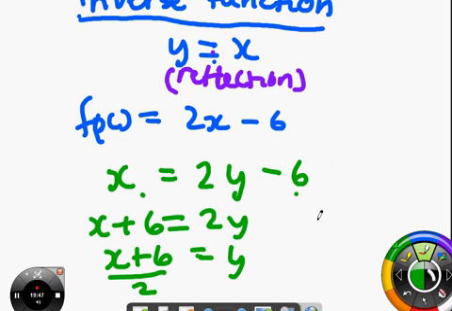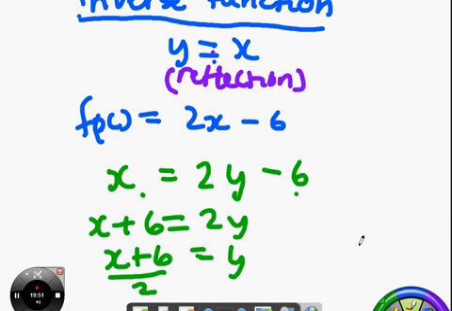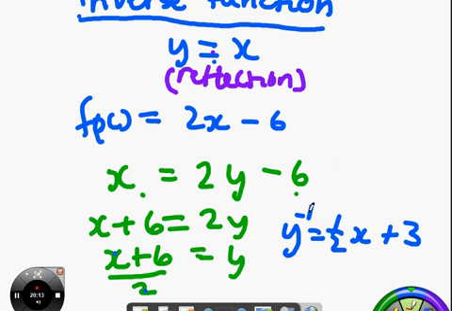So in actual fact, my equation, if I wanted to look at it in the format of a straight line equation, would be y is equal to half x plus 3, where x divided by 2 is half of x, and 6 divided by 2 will give me 3. So this is the inverse function, and we have to show that it's the inverse function by putting that negative 1 as an exponent of it.